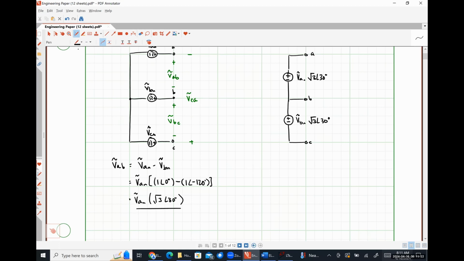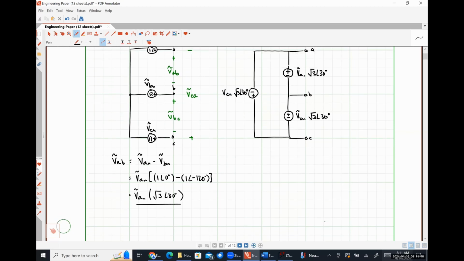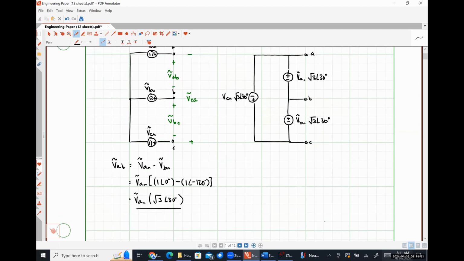It's literally the exact same thing as what we just did. Yeah, no, that's fair. It's all right to be hesitant about these things, but it is literally that easy. So this would be VCN √3 angle 30 degrees. So we've constructed our delta connected source based on our Y connected voltages.